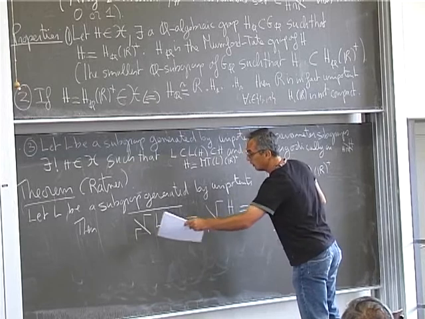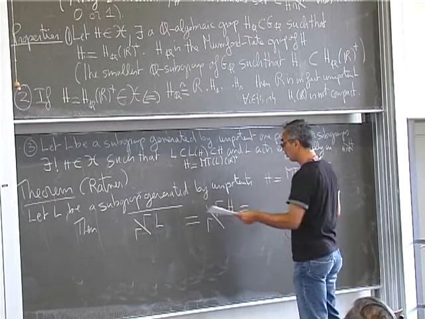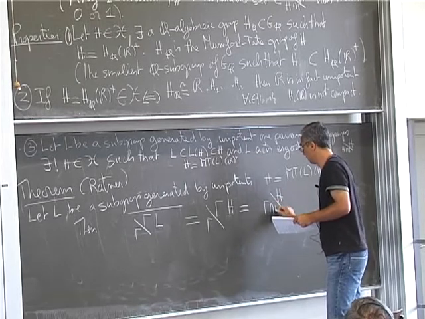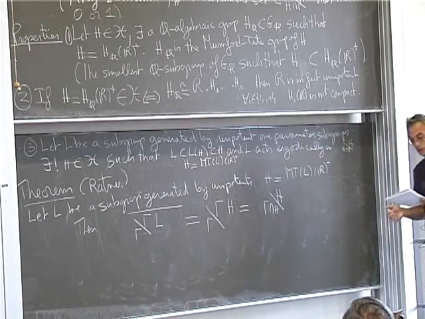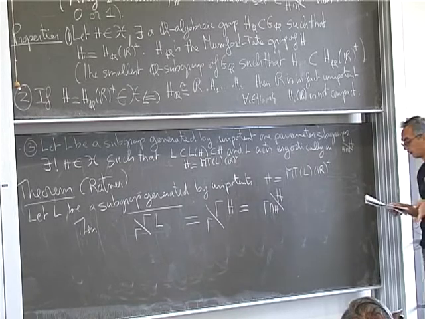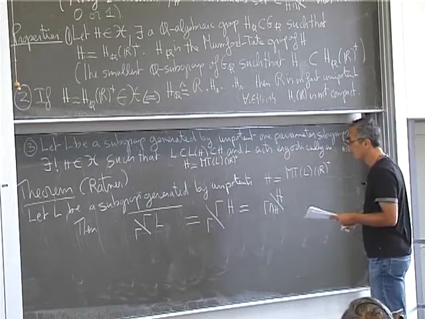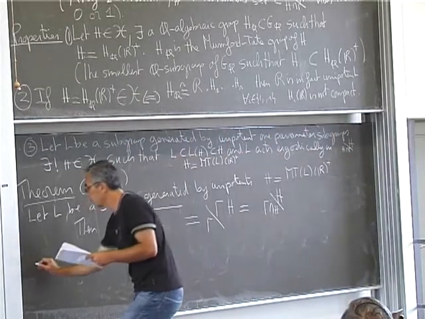Even though this orbit is quite awful, the closure is a quite nice homogeneous variety. Okay, so the closure of unipotent orbits is homogeneous. Okay, so I will need a more precise statement.